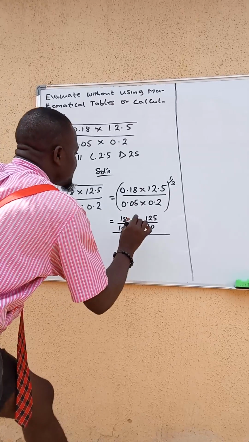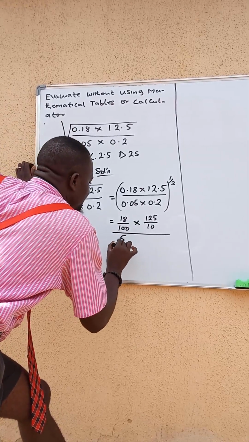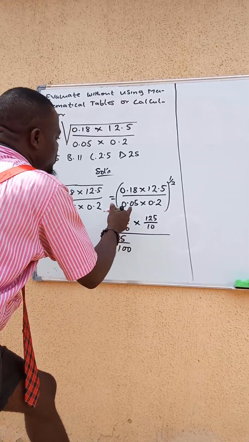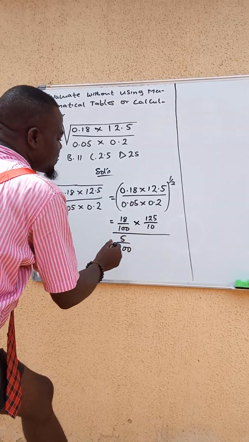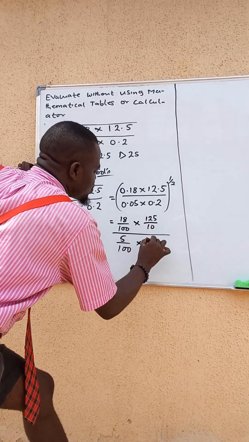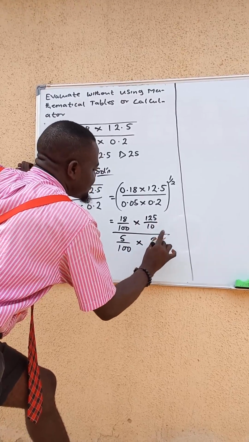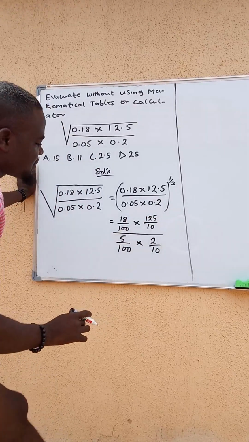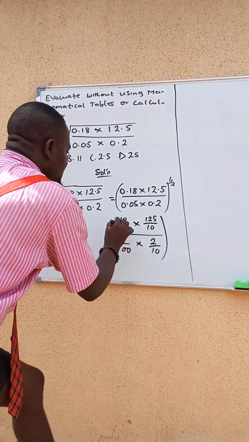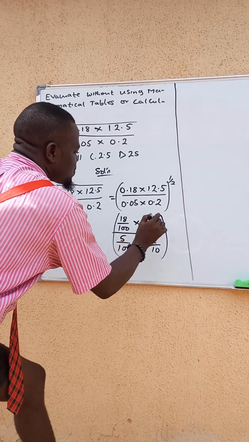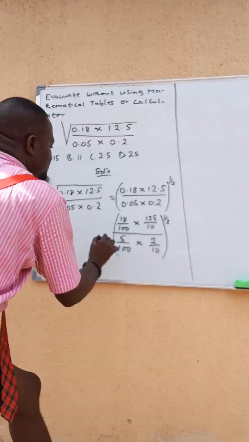It will now be 5 over 100 because there are two numbers after the decimal point, multiplied by 2 over 10 because there's one number after the decimal point. I have not forgotten my square root, which is power 1 over 2.